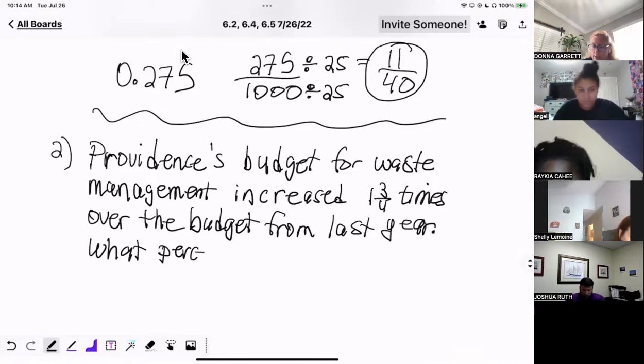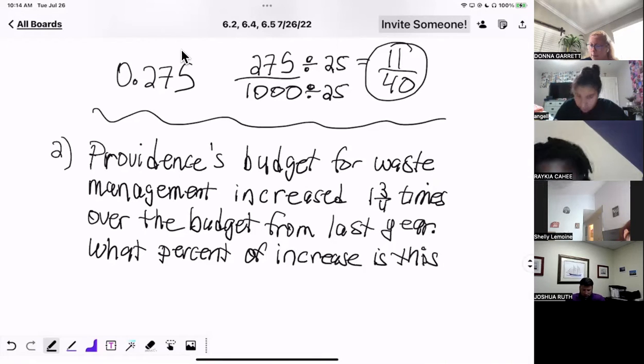What percent of increase is this? So they give it to you in fraction form, but they want percent form.